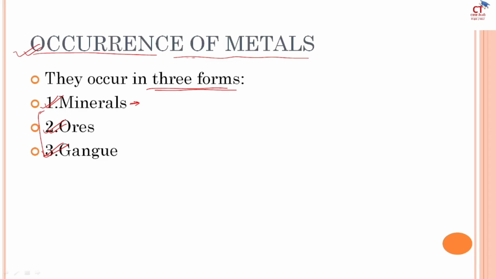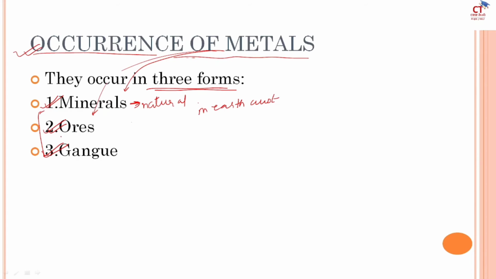Minerals. What are minerals? We derive metals from minerals, we derive metals from ores, and also gangue. Now, what are these? Minerals are compounds that occur naturally in the earth's crust.